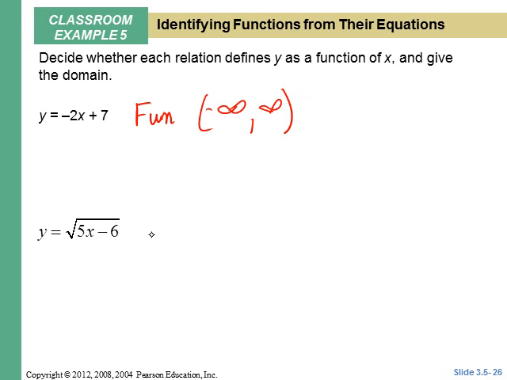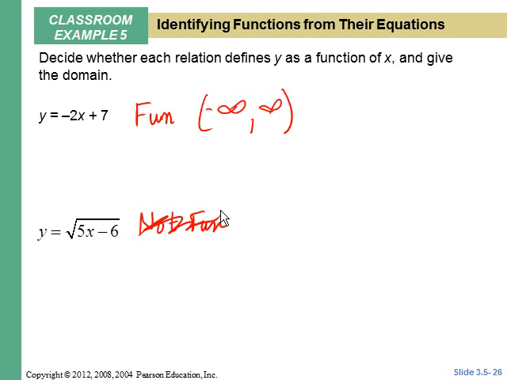Okay, this is, well, it's interesting. Sometimes we speak of this as being the principal square root. I'm going to say it is not a function. Maybe I will say it's a function.